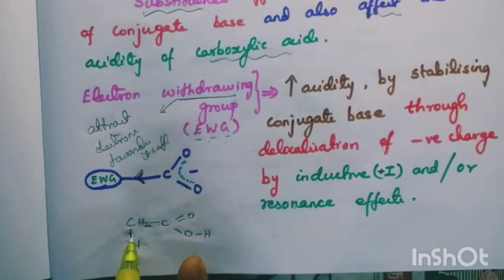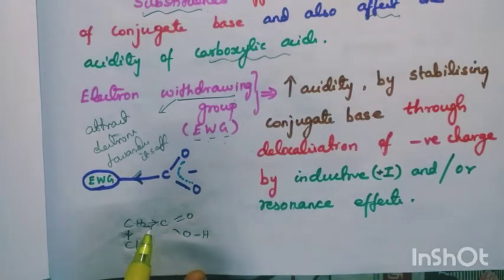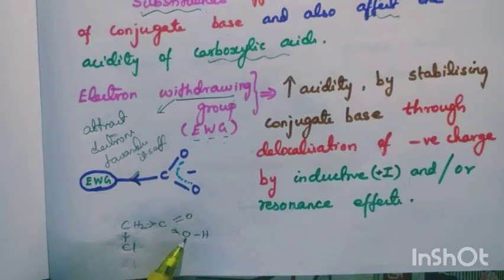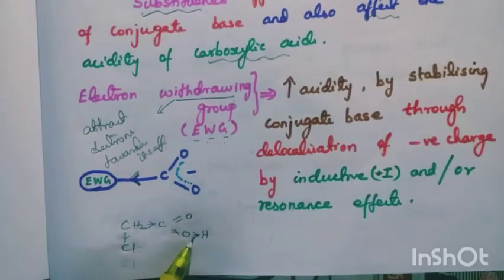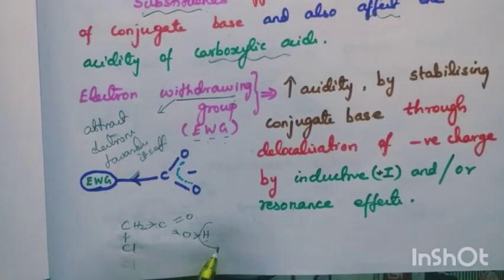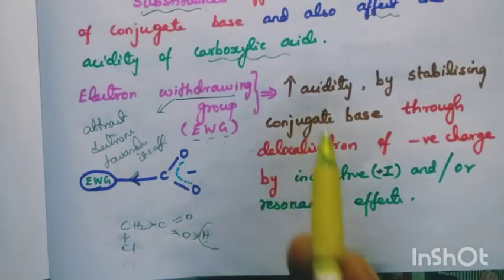So it attracts from this carbon, and this becomes electron deficient. This attracts from this oxygen, and this oxygen attracts from this hydrogen. So now hydrogen has only one electron, which is accepted by this oxygen. So the H plus easily goes out. So an electron withdrawing group increases the acidity.